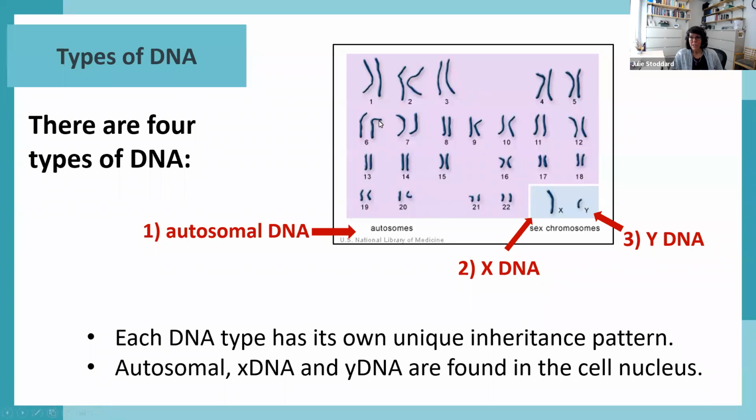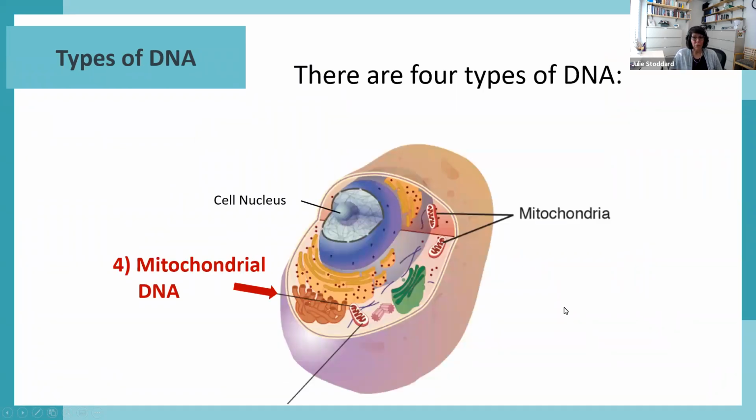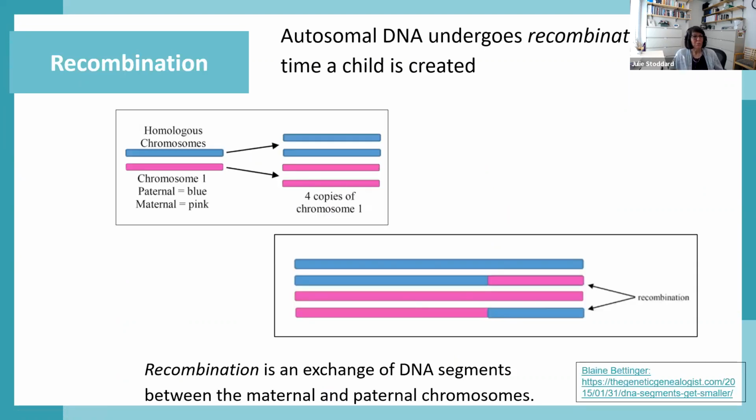All of these autosomal and the X and Y DNA are in the cell nucleus. Then there's also the mitochondrial DNA that you can test, and that one is found outside of the cell nucleus. So again, today we're going to be talking about autosomal DNA because that's the one that most of us will be taking in our DNA tests.